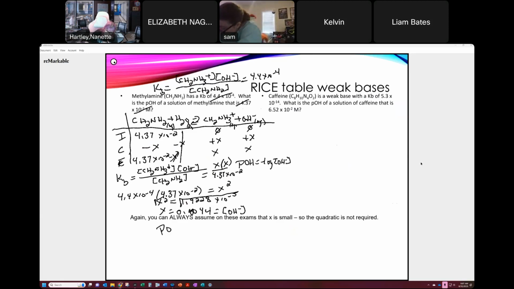So if I want a POH, that's the negative log of that number right there. So on my calculator, I hit negative log of that answer, and I end up with my POH equals 2.36, rounding because of 2 decimal places for the 2 sig figs that I had.